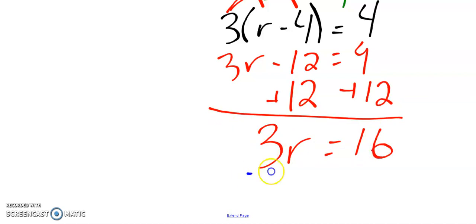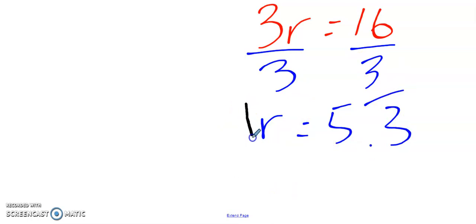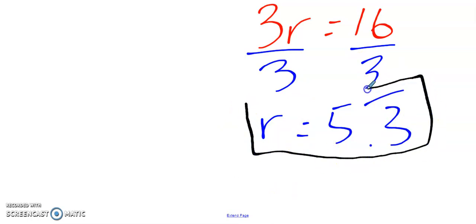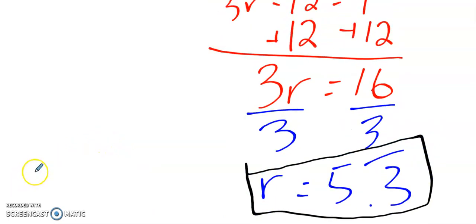One final last step, divide by 3, divide by 3. It appears that I am going to get a decimal here, r equals 5.3 repeating. And that is my answer. That is the value for r. Make sure you pause this video and get this down in your notes.